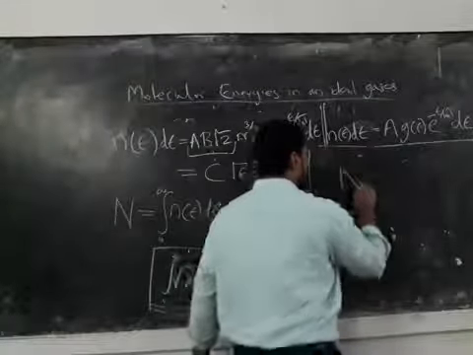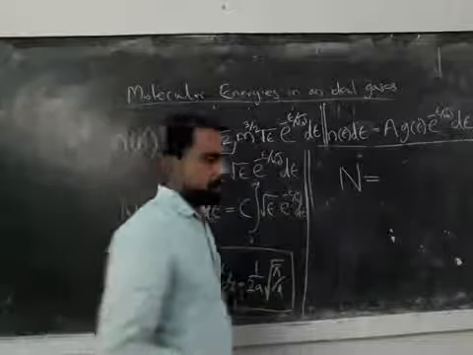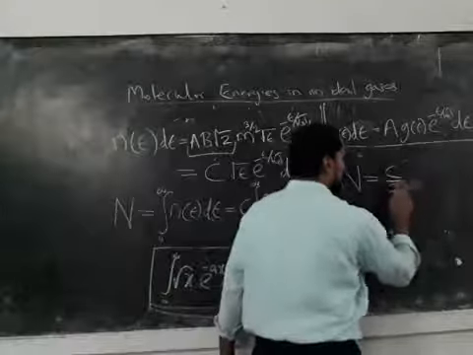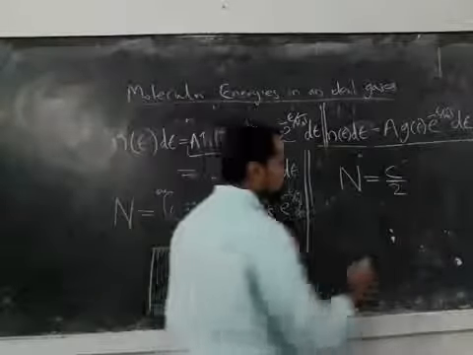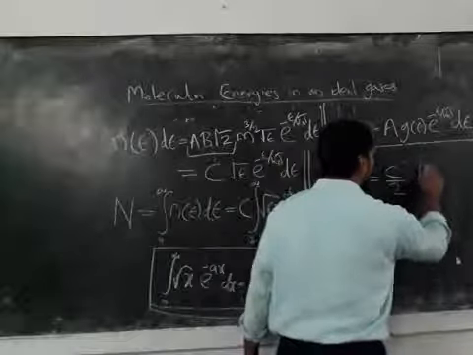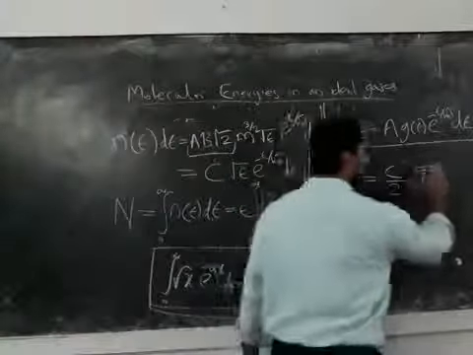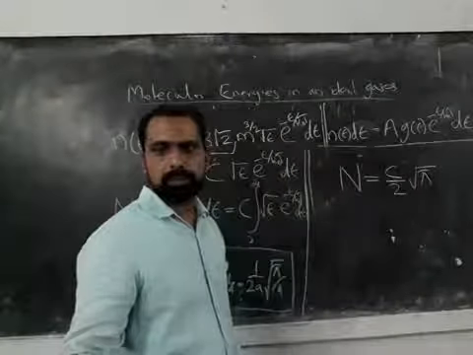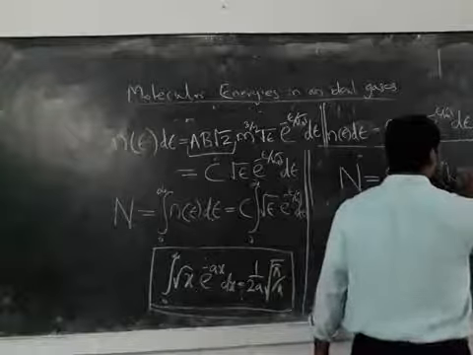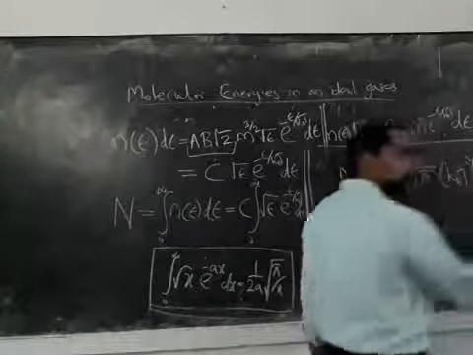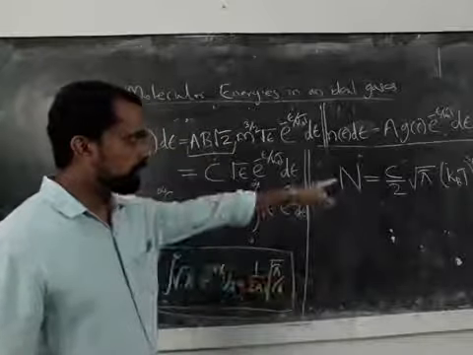Capital N is equal to, you will get the final answer as C by 2 square root of pi, then kBT raised to 3 by 2. You can cross check it at your home. So that is your N.